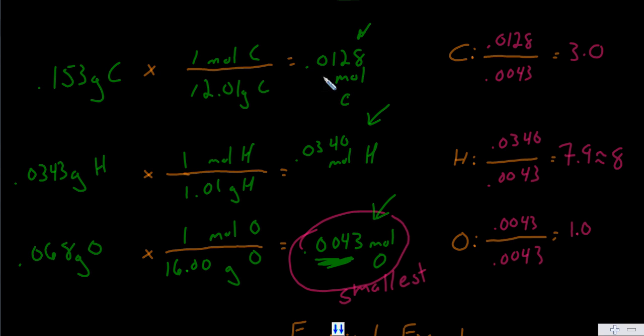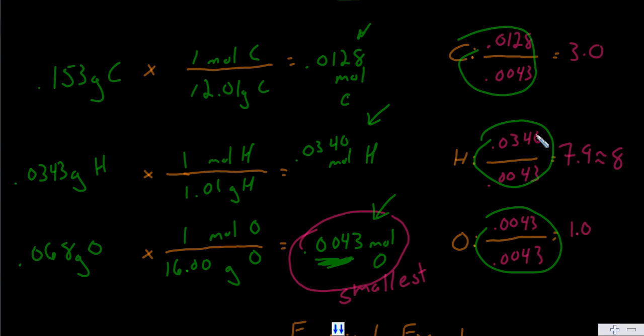So divide the 0.0128 by the 0.0043. Divide the 0.0340 by the 0.0043. And divide the 0.0043 by the 0.0043. And so you get 3.0, 7.9, and 1.0.